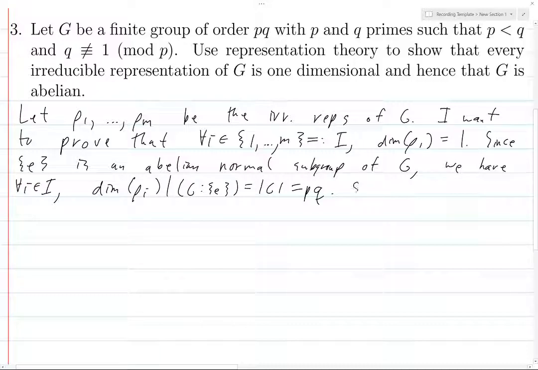So the dimension of rho i is going to be either 1, P, Q, or PQ.